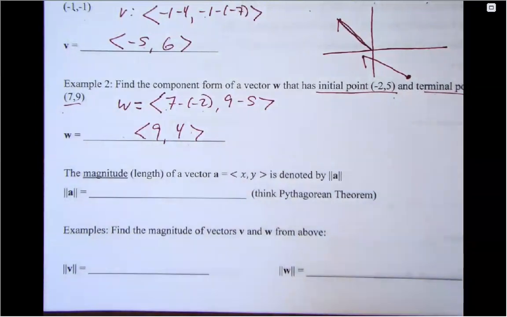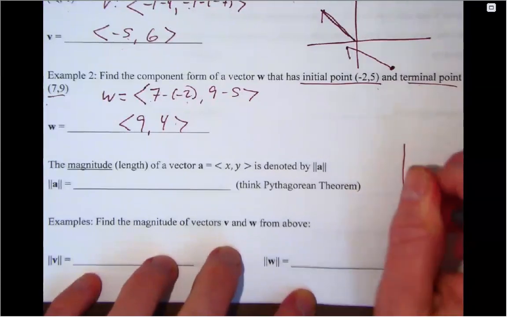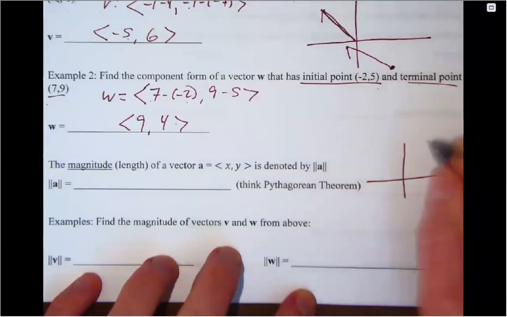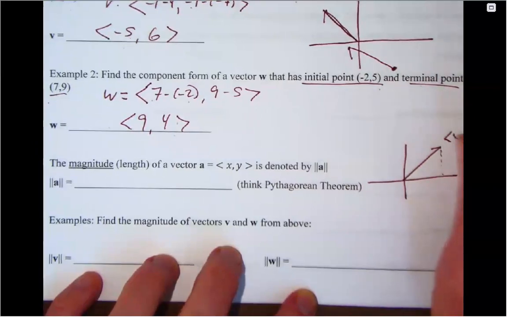Okay, so magnitude. How do you find the length of a vector? Well, if I just do a random sketch, and this doesn't have to be any specific vector, but any vector that I were to draw in standard position, we know that would be x, y.